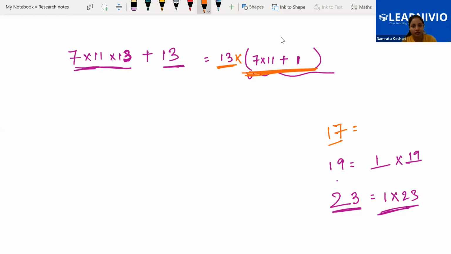We cannot break it or factorize it. We can only write 1 into 17. However, if we have a composite number, let's say 6, we can write it as 2 into 3. We can also write it as 1 into 6, that is okay. But we can write 6 as 2 into 3 also. This one is a composite number.